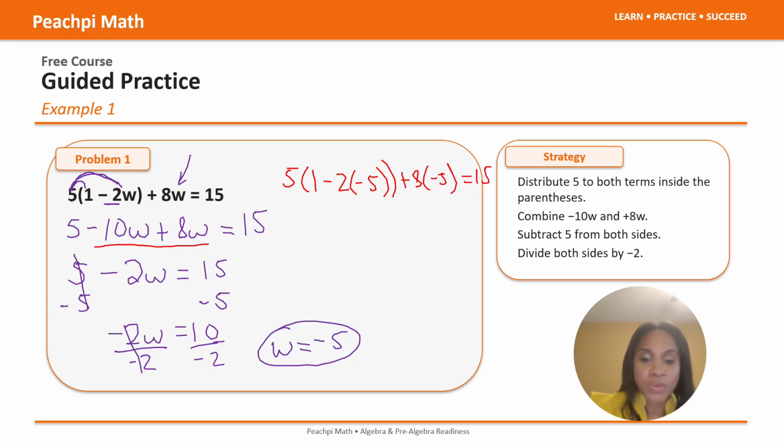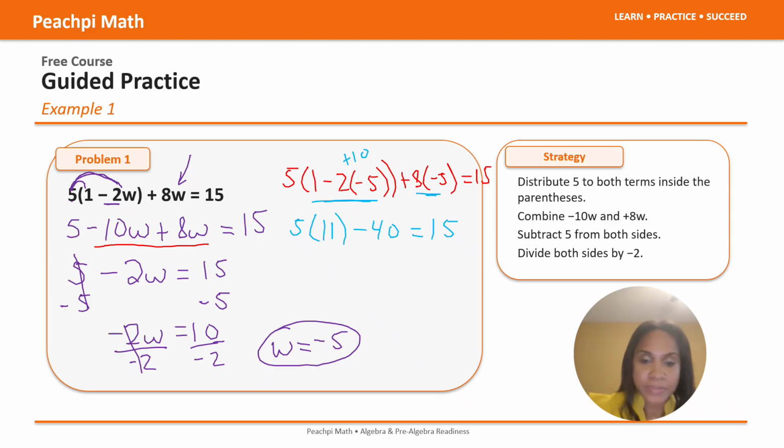I'll work inside the parentheses first. Negative 2 times negative 5 is a positive 10, and positive 10 plus 1 is 11. So 5 times 11. And then we have 8 times negative 5, that is a negative 40.